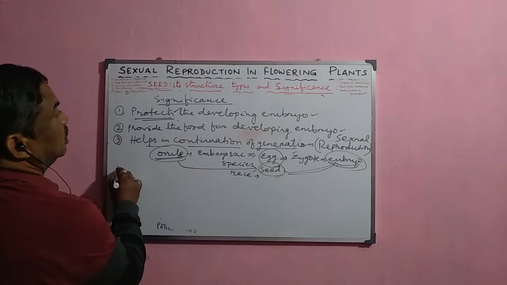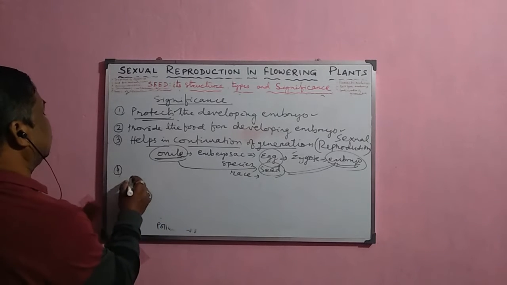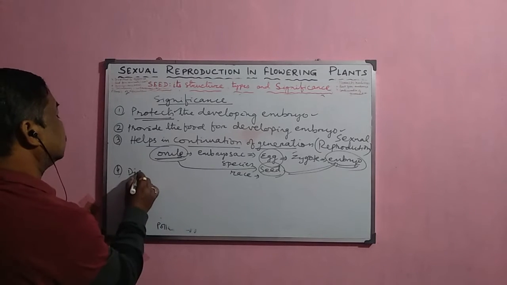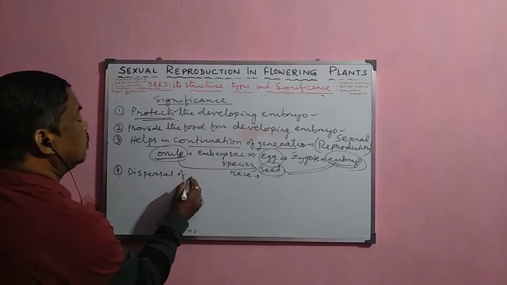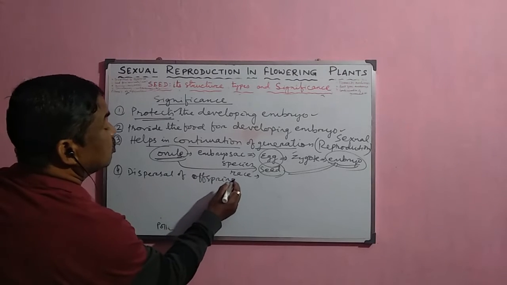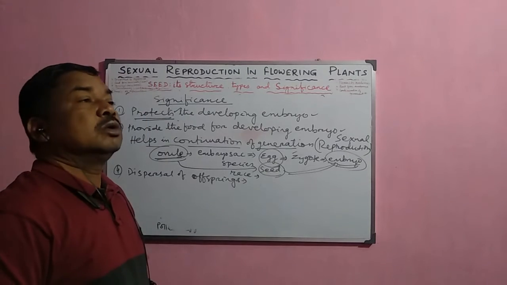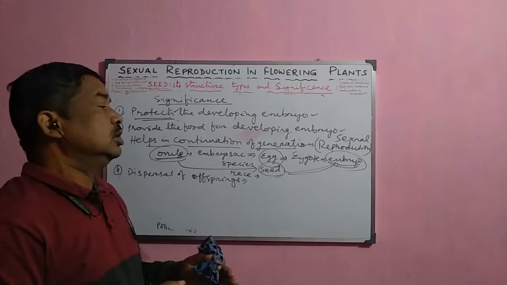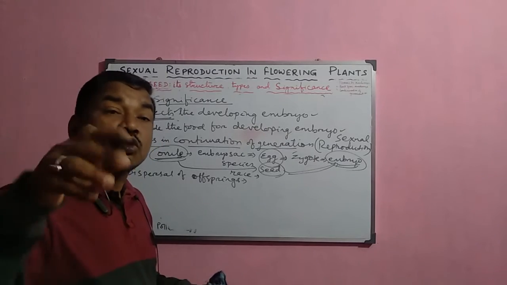The next important thing is the dispersal of offsprings. Seeds help in the dispersal of offsprings. If the seed is dispersed from one place to another, automatically the embryos present inside the seed are dispersed, and each embryo develops into a new baby plant.